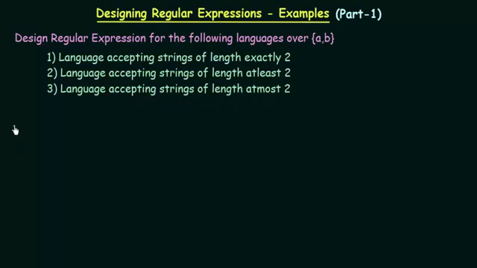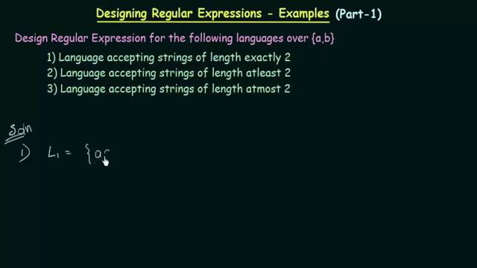Okay, so let's do the solution over here. Let us first do the first one. Let's say this is language L1, and this is a language that should accept the strings of length exactly 2. So if our alphabet is {a, b}, what will be the strings of length exactly 2?